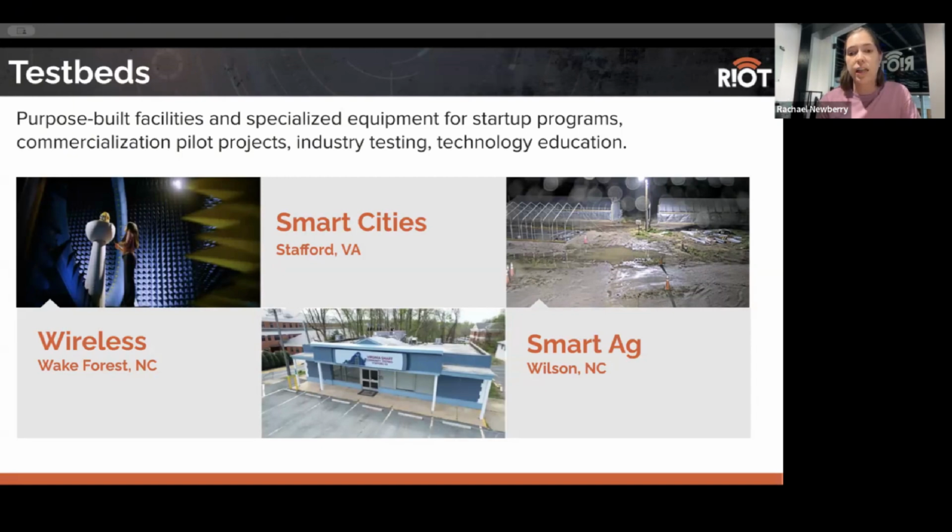And then similarly in Wilson, North Carolina, we have a testbed focused on ag tech. So if you're in the agriculture industry, whether you're an entrepreneur who is building an ag tech solution, or you are an existing farming operation that is trying to leverage more technology, we have the resources out of that site to learn and test new technologies.